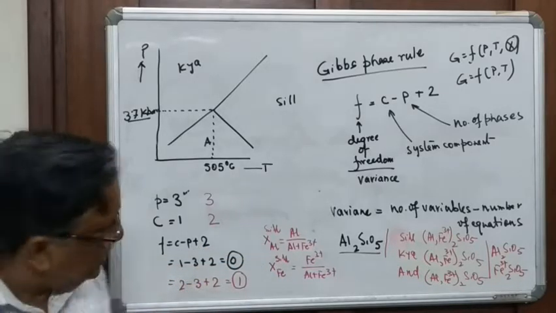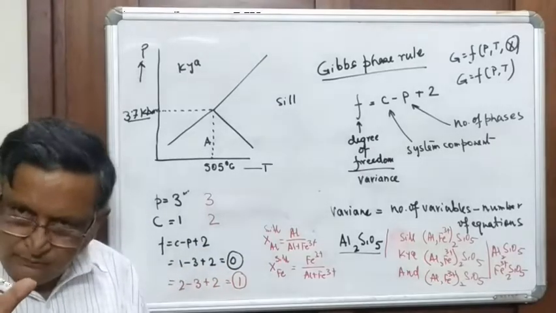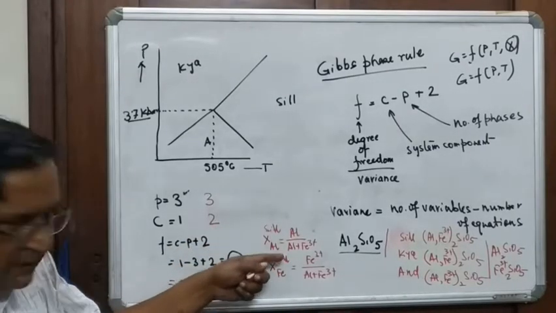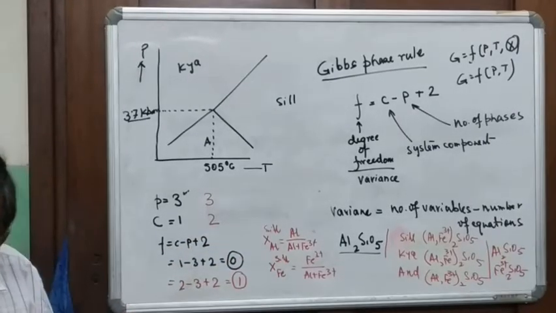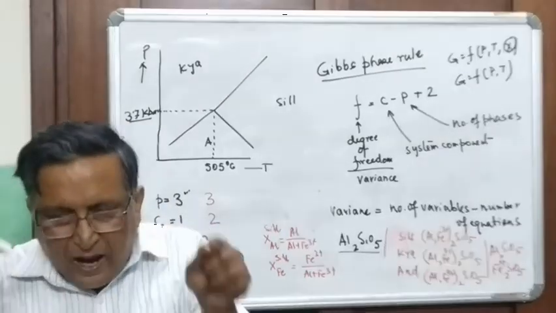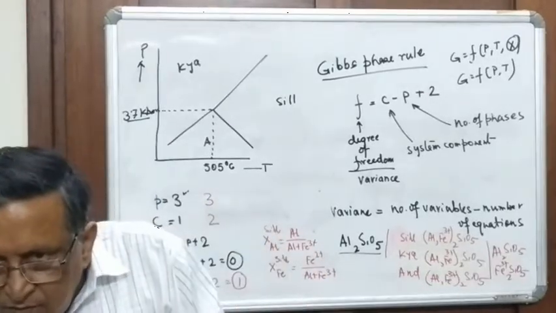And you remember, these two should add up to 1. XAl in sillimanite plus XFe3+ in sillimanite will add up to 1. So XAl plus XFe is equal to 1 in sillimanite. That means if you know one, you know the other.